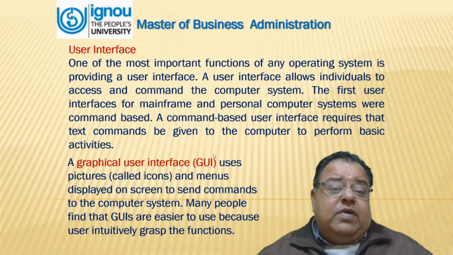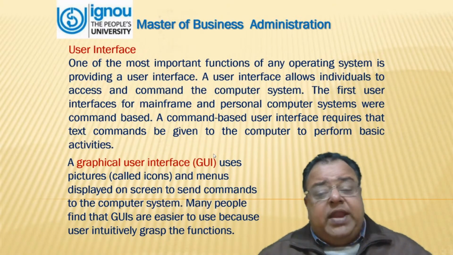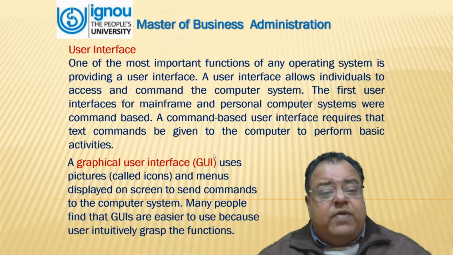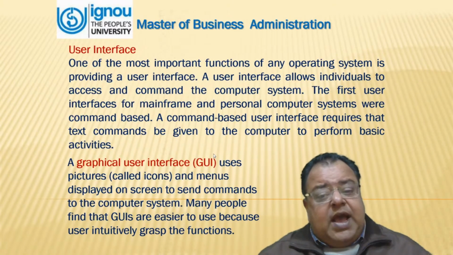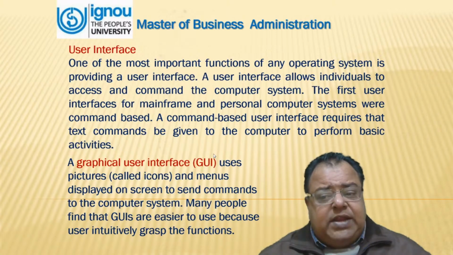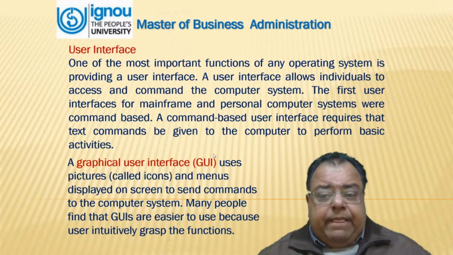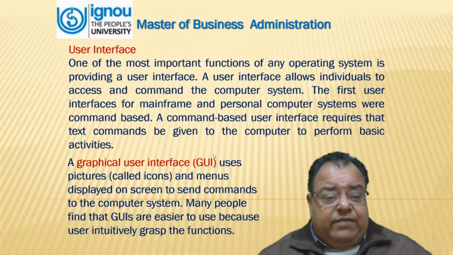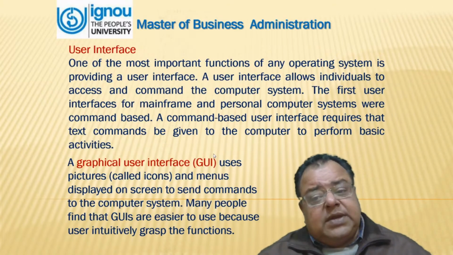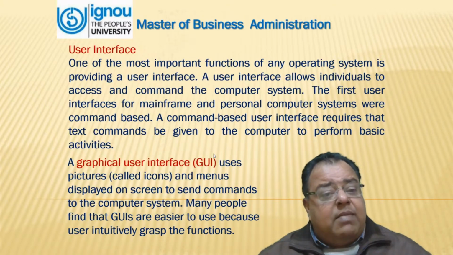User interface. One of the most important functions of any operating system is providing a user interface. A user interface allows individuals to access and command the computer system. The first user interfaces for mainframe and personal computer systems were command based.